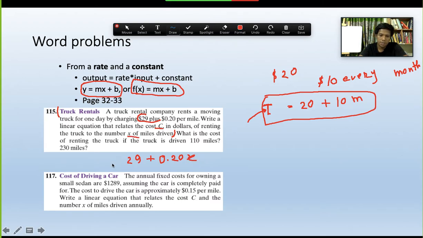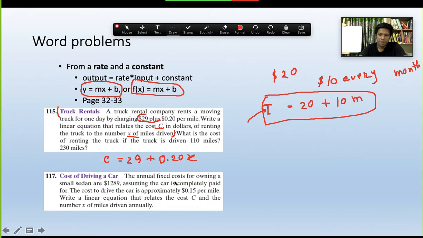And the total cost is C. So you can write here C equals this. This is the model. And for 110 miles, you just have to put x equals 110. For 230 miles, you have to put here 230.